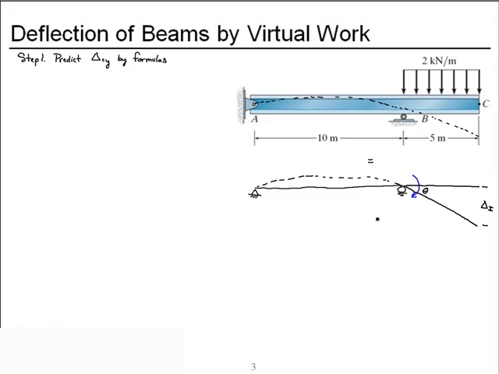Now if we add to this the cantilevered end already rotated by an angle theta, we have the uniform distributed load acting normal to it, that causes a deflection. We'll call delta 2.